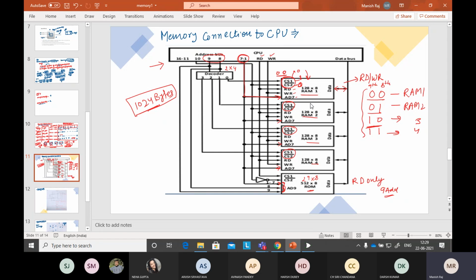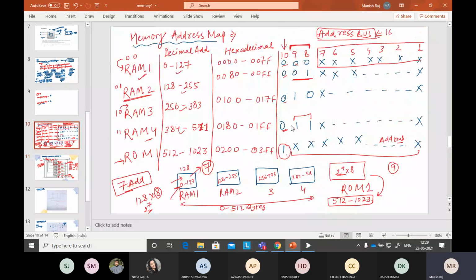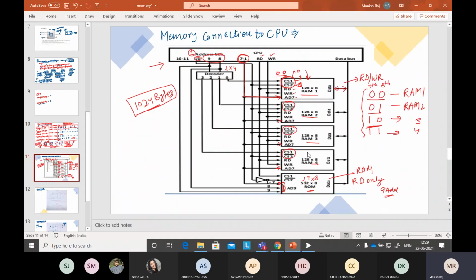According to those bits, you will be selecting the RAM chip. If you are selecting the 10th bit as a 1, then you are selecting the row. Already by the table you can understand, if the 10th bit is 1, whatever the other bit, then you can say you are selecting the ROM.